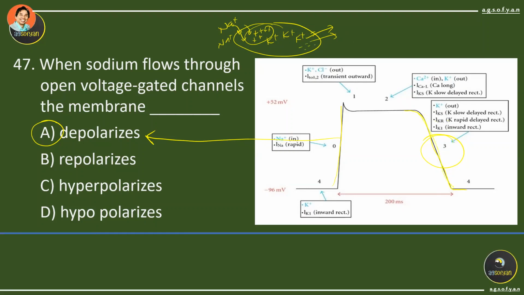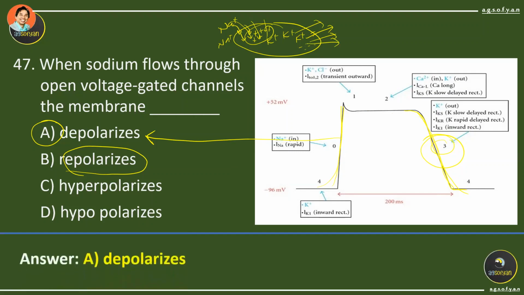It is going down. And this process is called repolarization. Okay. So depolarization when it is increased, repolarization when it is decreased. Depolarization is caused by sodium entering the cell. Repolarization is caused by potassium leaving the cell.